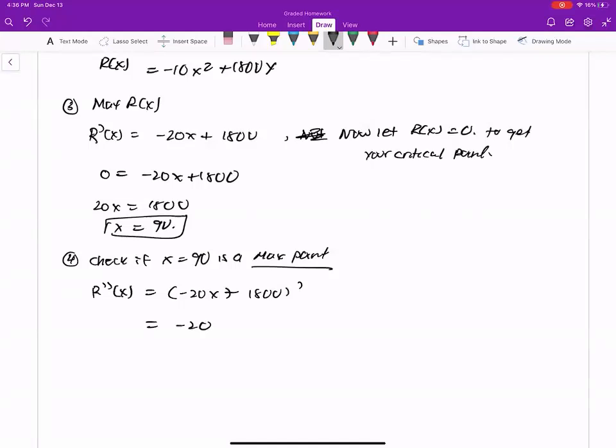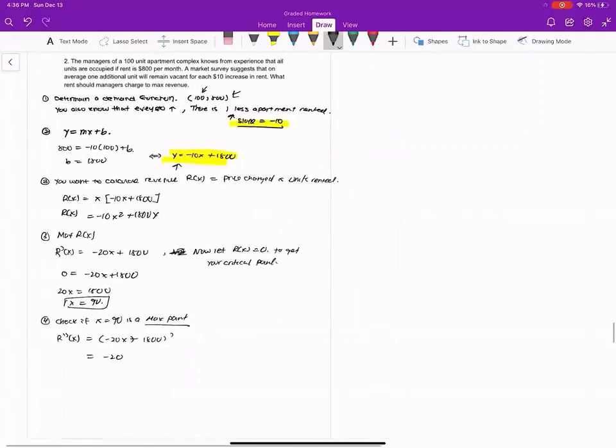This means that the second derivative is always negative, so the critical point that we found is in fact your maximum critical point.